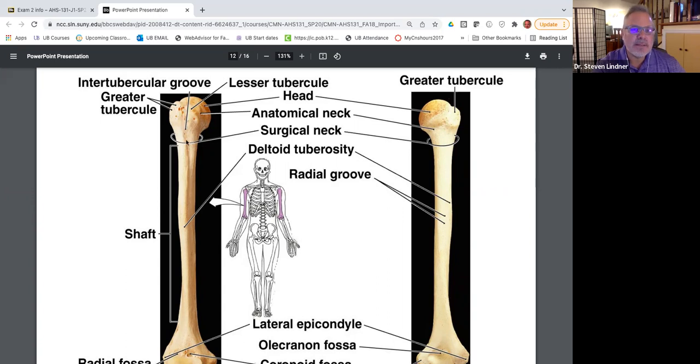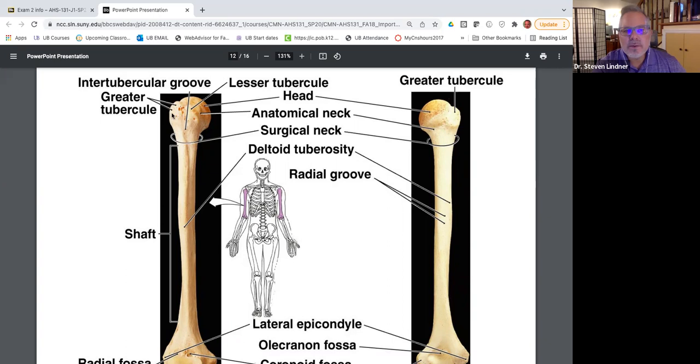The long head of the biceps brachii travels right through this valley, if you would, this groove. So we also call it the bicipital groove. So again, we have the greater tubercle, lesser tubercle, and intertubercular groove.